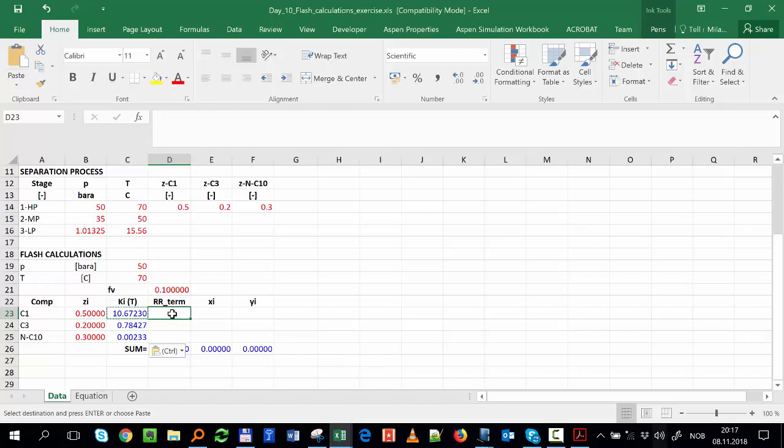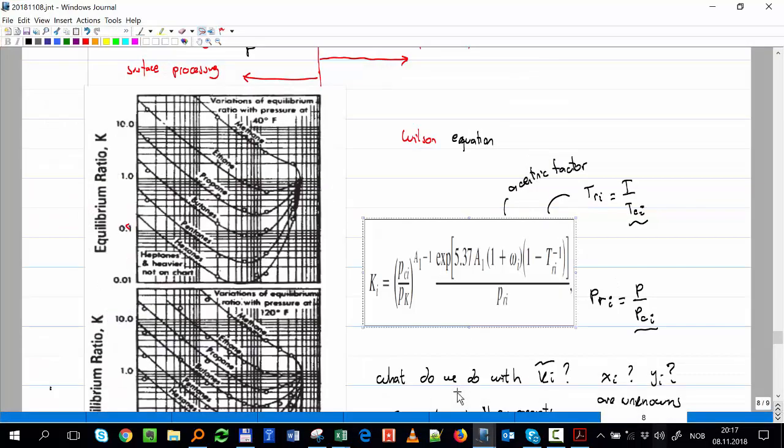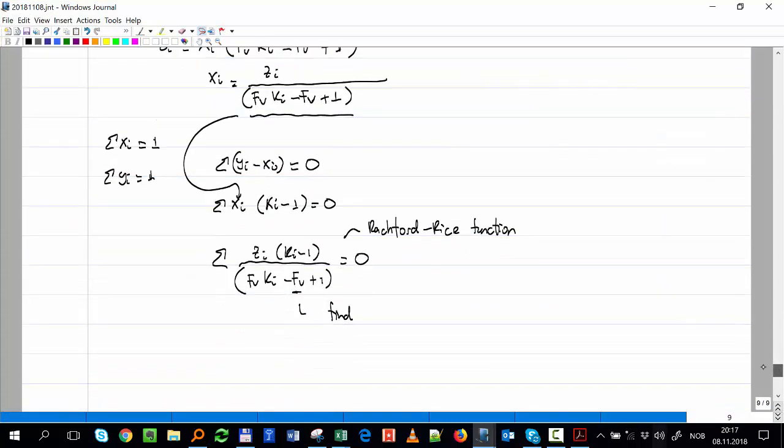Now, I want to calculate this Rachford-Rice, which is a sum. How did we say? It's a sum from component i=1 to N of all of these terms. So I'm going to calculate that term for each component, and then I'm going to sum them up.